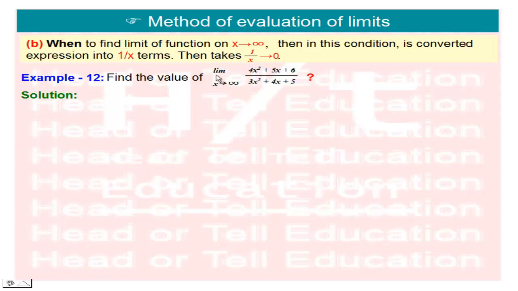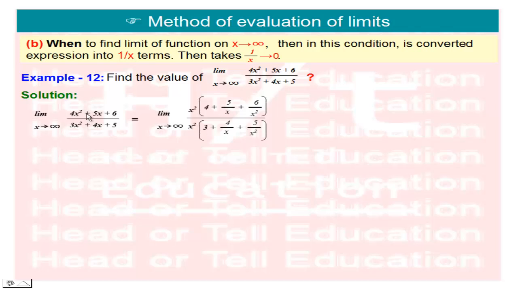The example: limit x tends to infinity of (4x square plus 5x plus 6) divided by (3x square plus 4x plus 5). Solution: first we take x square common from both the numerator and denominator, so 4 plus 5 by x plus 6 by x square, divided by 3 plus 4 by x plus 5 by x square.